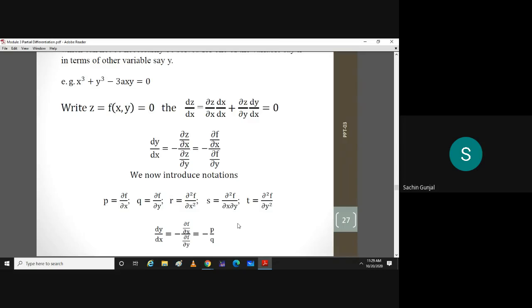I repeat, if f(x,y) is an implicit function in which you can't express y in terms of x, you can find dy/dx by expressing it in terms of partial derivatives, minus ∂f/∂x upon ∂f/∂y, or minus P by Q. So write down.